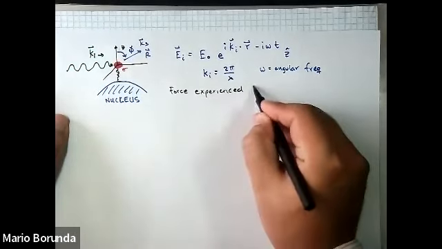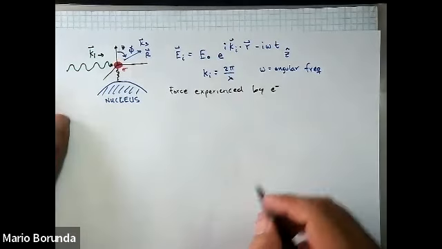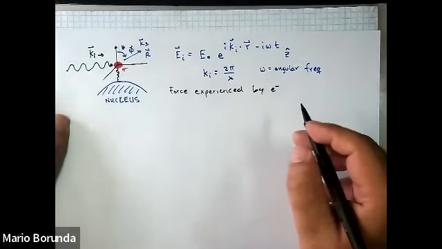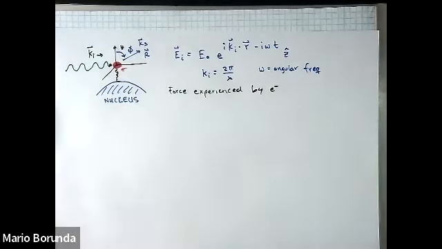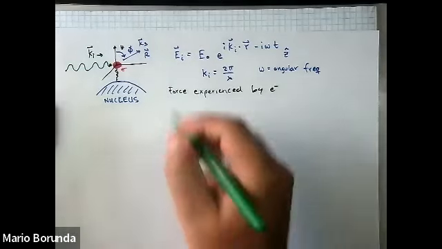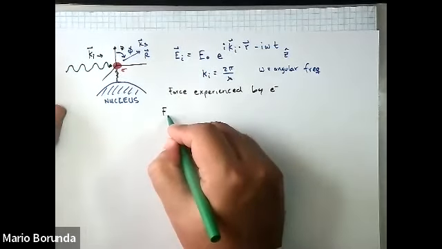The force experienced by the electron: because the wave is polarized in the z direction, we're going to have a driving force.